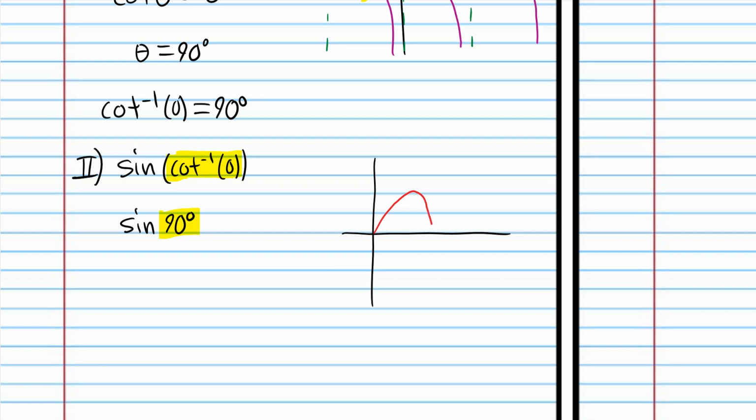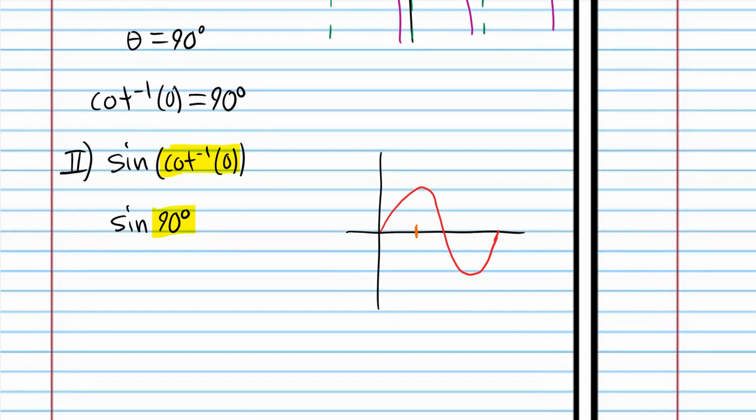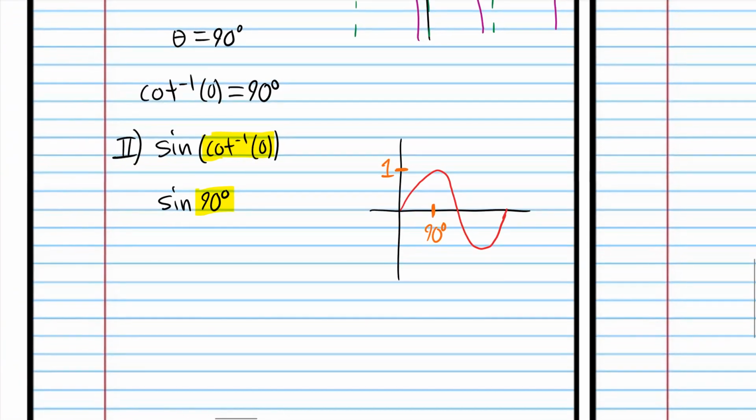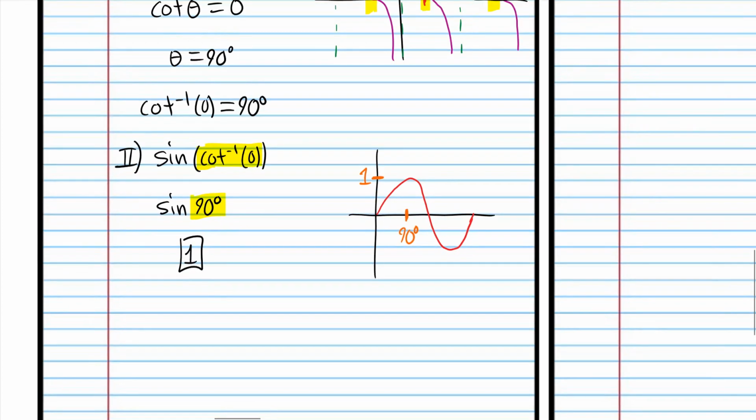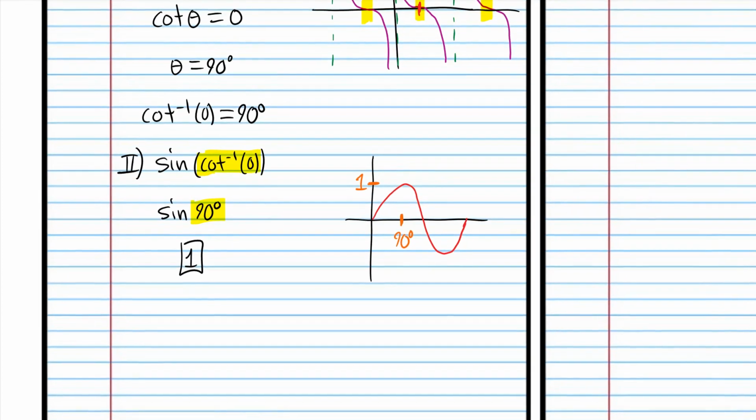So this is what the sine curve looks like. If you look at your page there, 90 degrees is here, and that's when the y value equals 1. So sine 90 degrees is 1. So if you got that right, perfect.